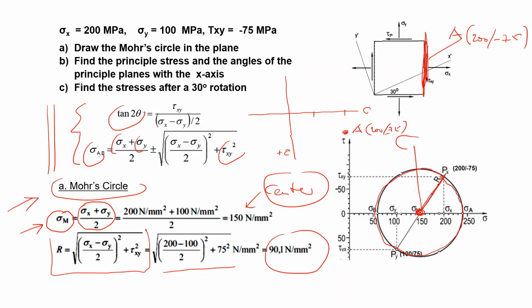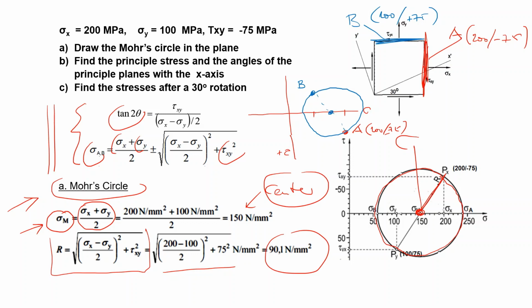The other surface, let's call it B, has sigma equal to 100 and tau plus 75. So when you draw this point B, that is 100 and plus 75, it will come up like this. Then you can draw the Mohr circle by connecting these two points, finding the center, and drawing the circle going through them.